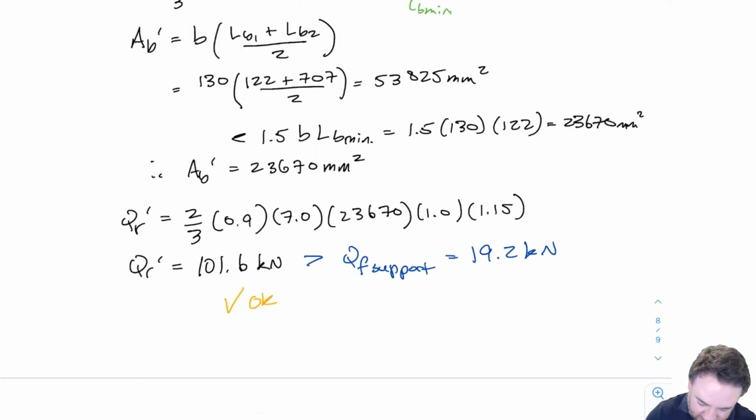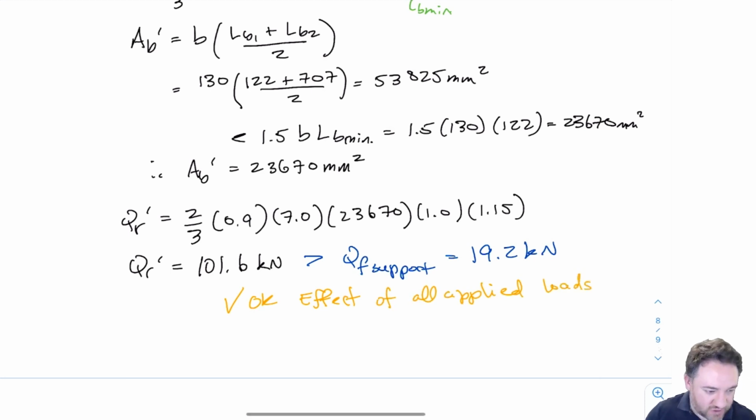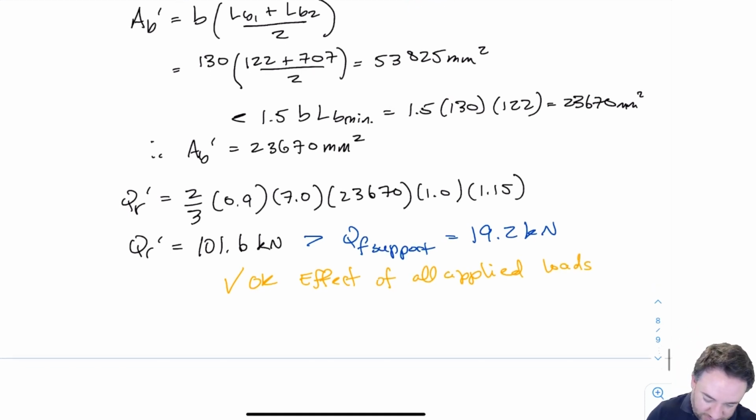So, okay. And as we expected, effect of all applied loads governs in this case. And that's because most of our load is not near the support. Most of our load is away from the support in this case. And so effect of all applied loads governs. We calculated what the LB min for that was.